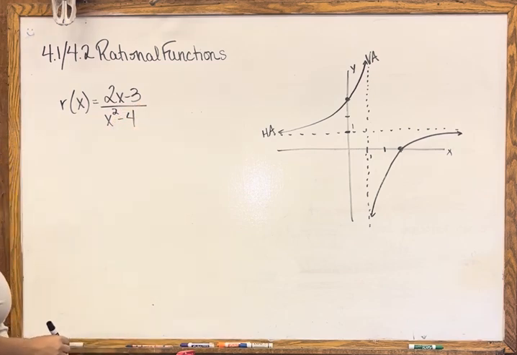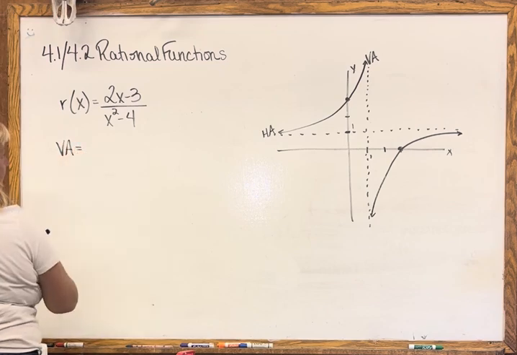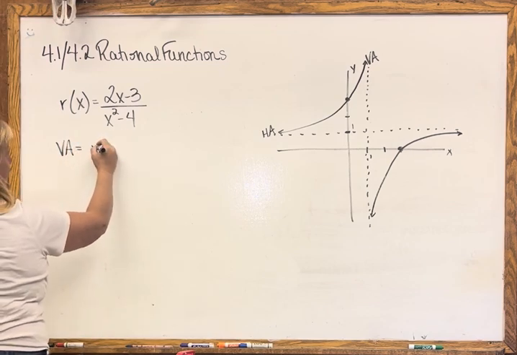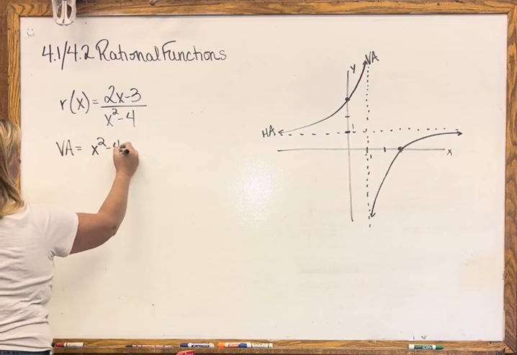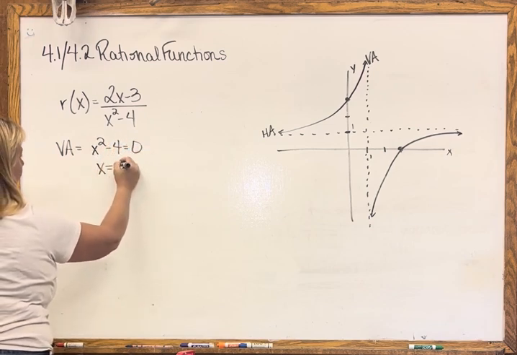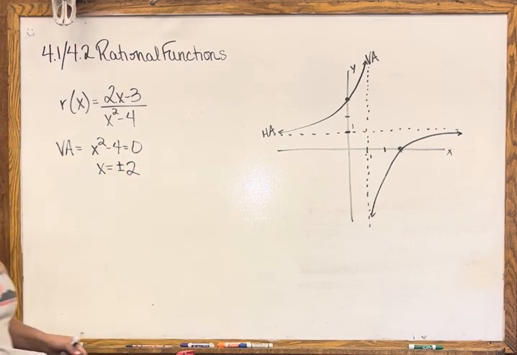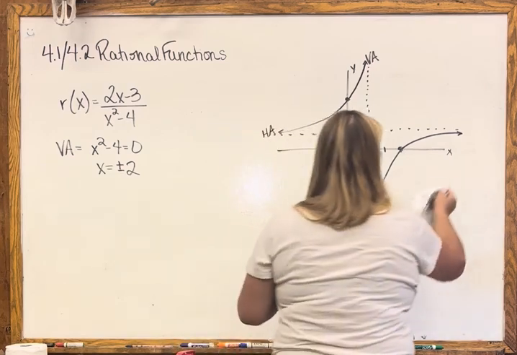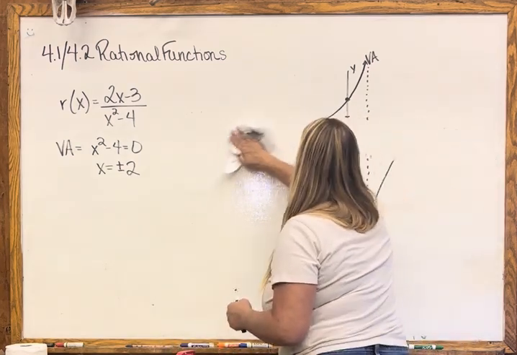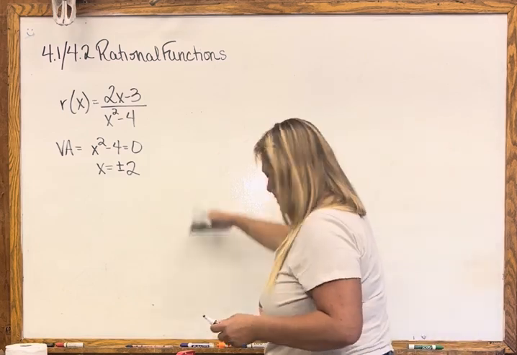Okay. And remember, as a reminder, our vertical asymptote was this guy, the denominator set equal to 0. But when we simplified this, what did we find about our vertical asymptote? That we actually had 2, right? So there are actually 2 vertical asymptotes. So this graph is going to look a little bit different.